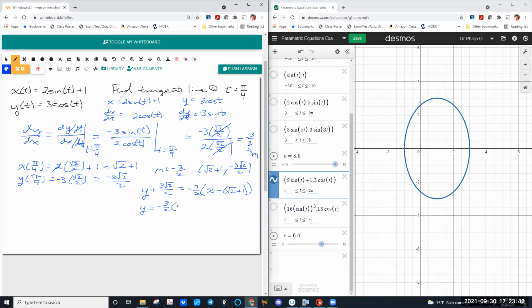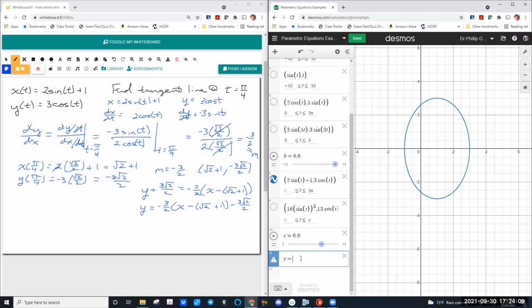But I'm going to leave it in this form. This is a tangent line. And it's going to be something that we're going to cover later this semester. Tangent lines in this form are called Taylor polynomials. Very cool topic that is a lot of fun and has a lot of cool applications. There's our tangent line. Again, not pretty, but completely plottable.